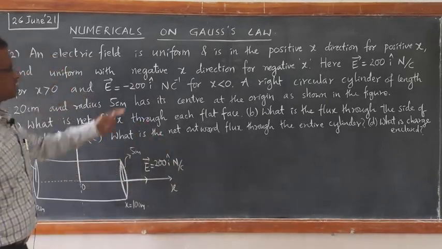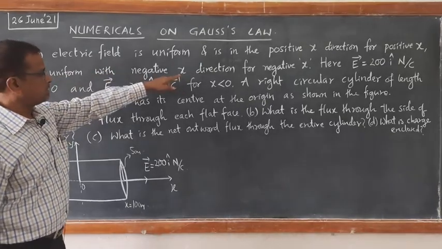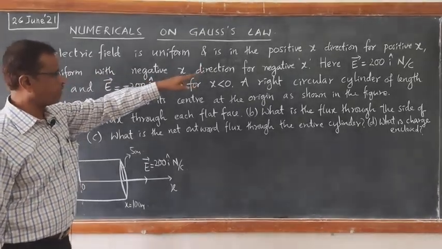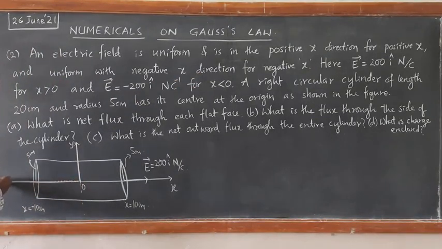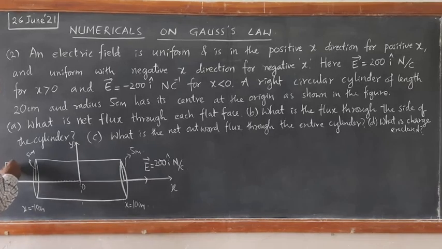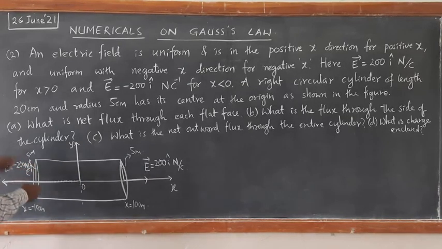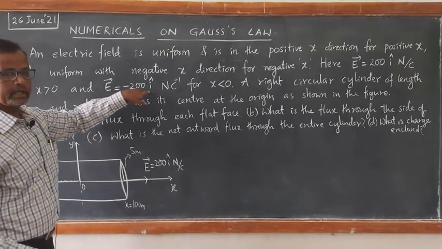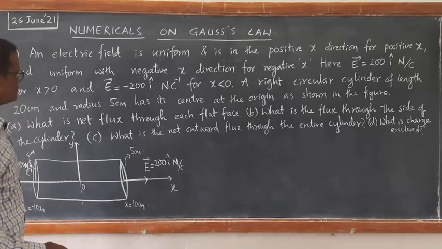And it is uniform along negative x direction also for negative x. So if you think of this as the negative x axis, it is uniform along this also and E is definitely minus 200 i cap Newton per coulomb, acting along negative x axis.